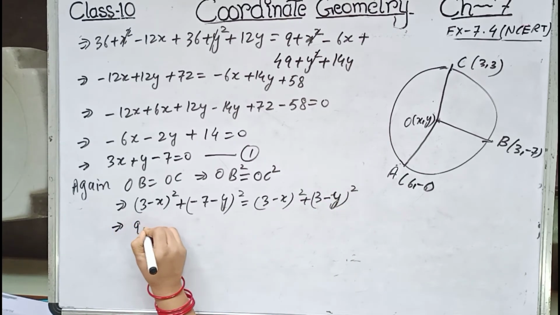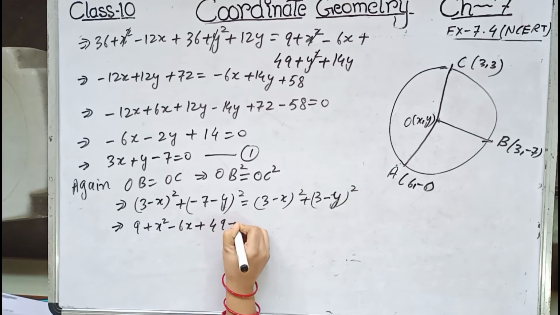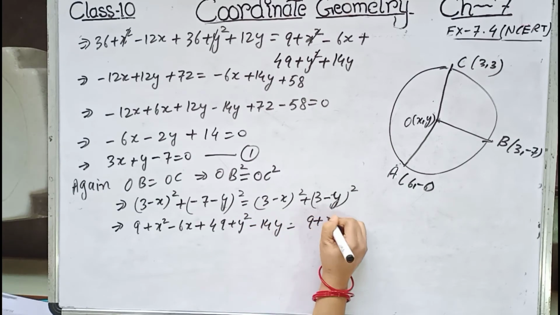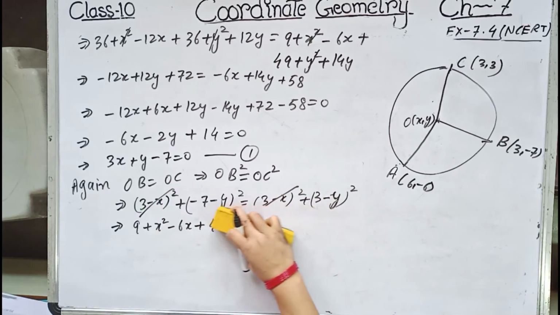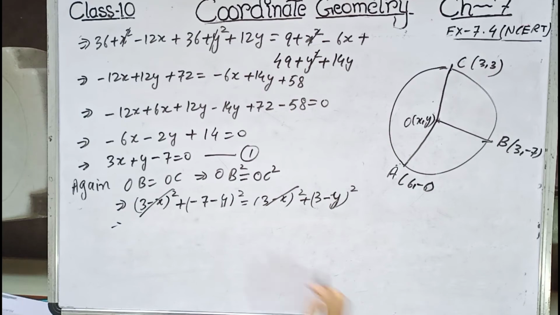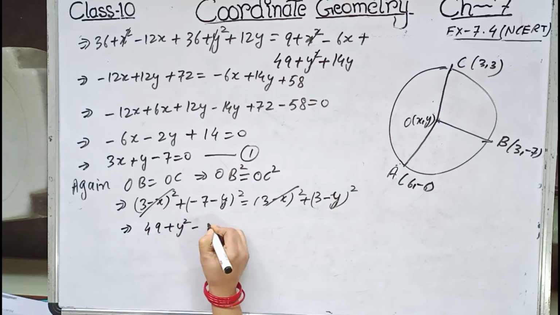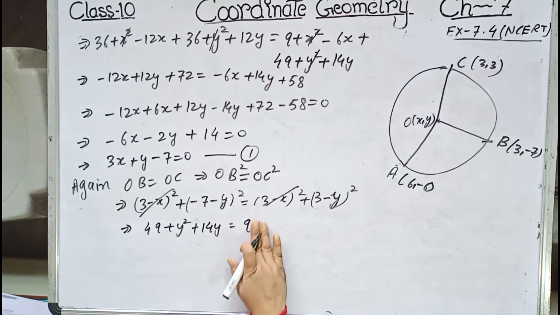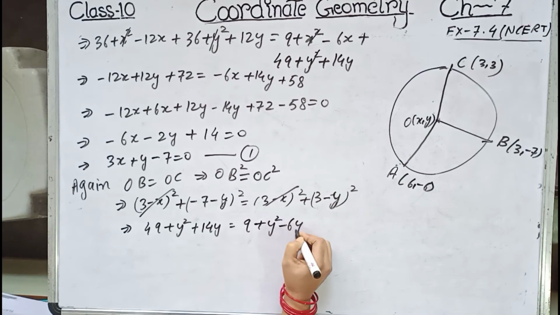This implies 9 plus x square minus 6x plus 49 plus y square minus 14y equals 9 plus, this (3 minus x) completely cancelled. So no need to expand also. So this implies over here 49 plus y square plus 14y equals 9 plus y square minus 6y.